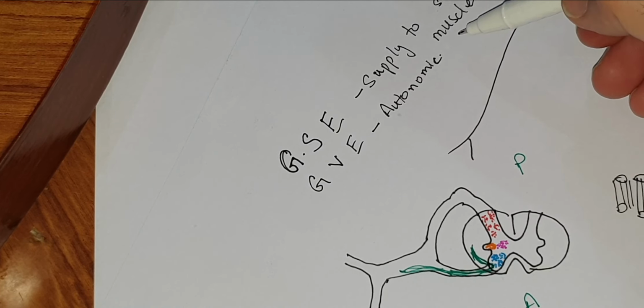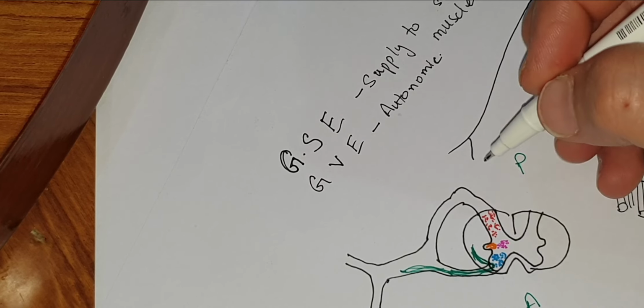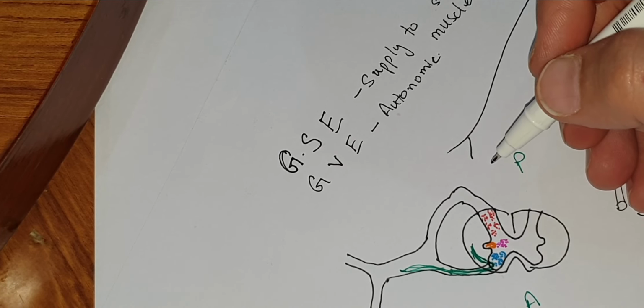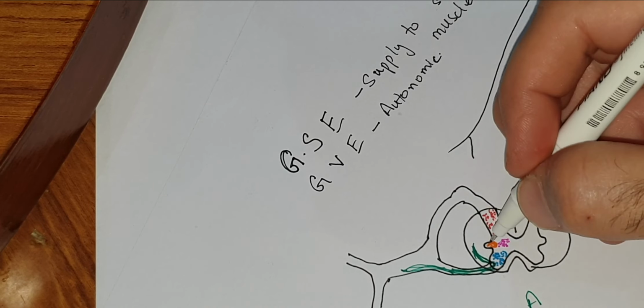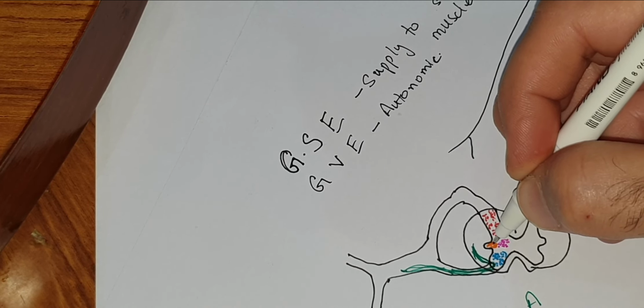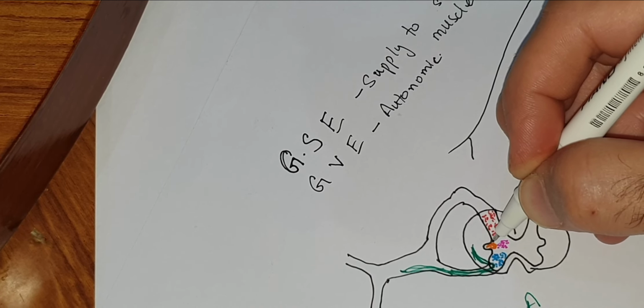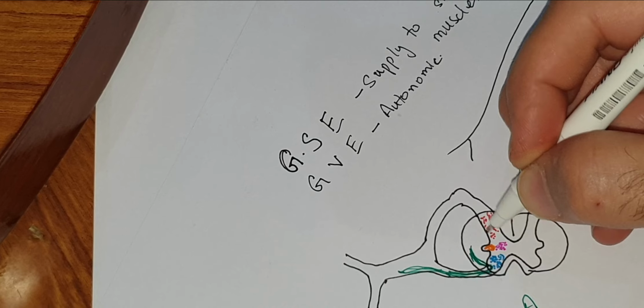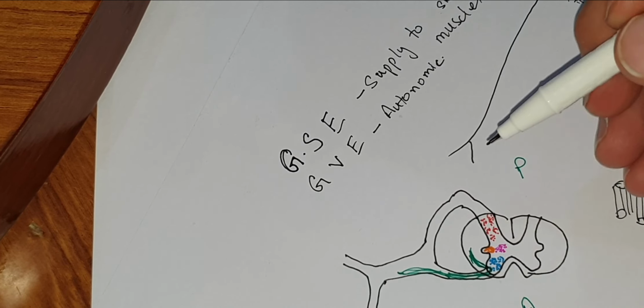It can be sympathetic or it can be parasympathetic, and it starts from this part of the gray matter of the spinal cord, which is called the lateral horn. So the general visceral efferent supply always starts from the lateral horn. The lateral horn is formed by the intermediolateral nucleus. That means the origin of the general visceral efferent fibers will start from the lateral horn.